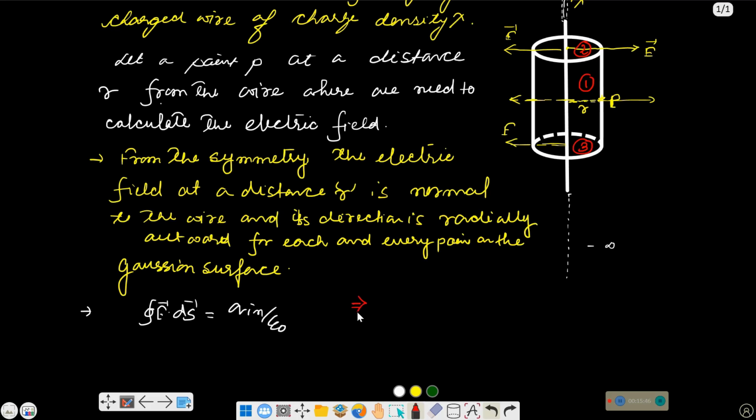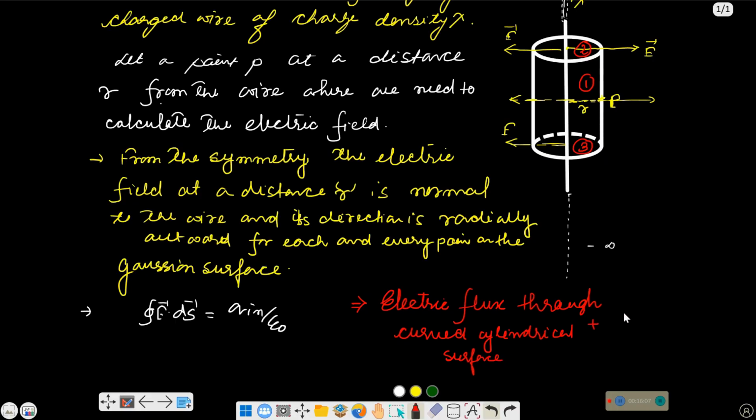So we can write electric flux through the curved cylindrical surface plus flux through the two circular surfaces is equal to q in by epsilon naught.